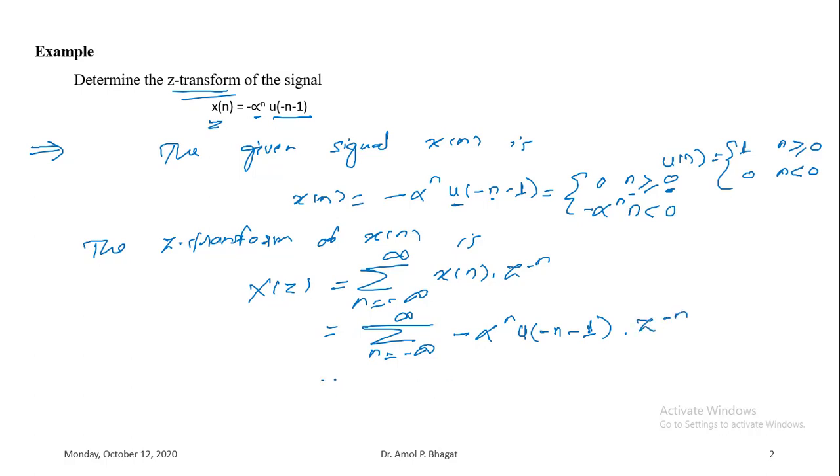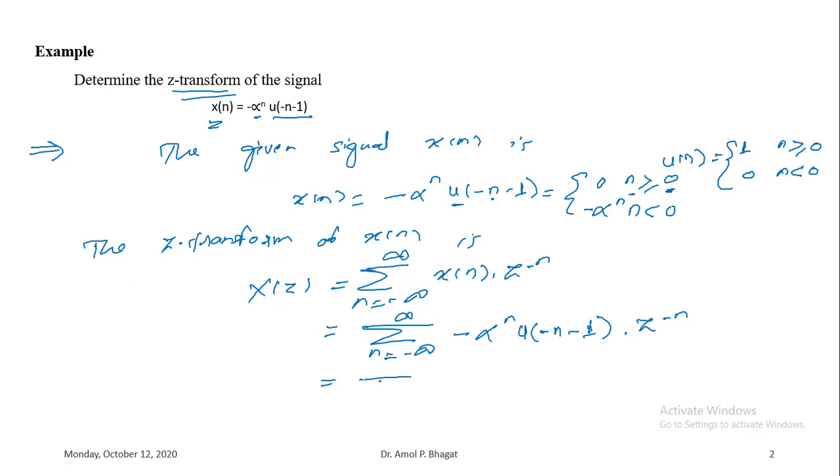Okay, so again, you can replace this u of minus n minus 1 by modifying the limits of the summation variable. Instead of taking it from minus infinity to infinity, as u of minus n minus 1 will be 1 for only negative values of n, the limits will be from minus infinity to minus 1. Only for negative values of n this signal will exist.